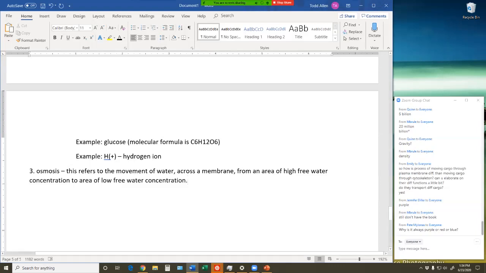The key to understanding osmosis is definitely understanding what this concept of free water is, or appreciating that term free.